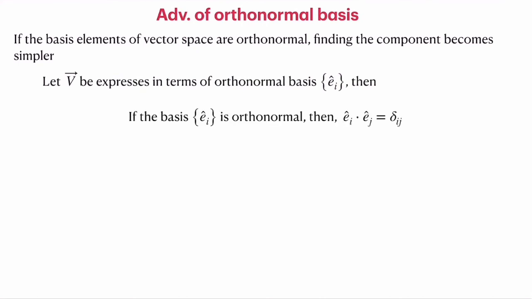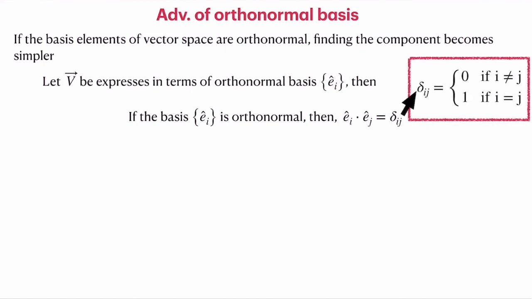If the bases are orthonormal, then we should be able to write e_i dot e_j equal to delta_ij, where delta_ij is called the Kronecker delta, which is 0 if i is not equal to j, and equal to 1 if i is equal to j. So this is essentially an identity matrix. All the elements along the diagonal are 1 and all the off-diagonal elements are 0.